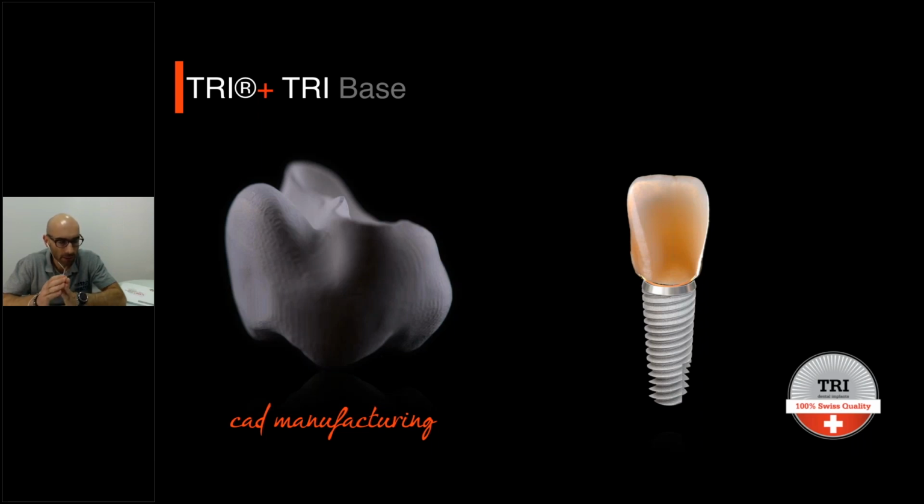So we want to start from the top of the implant. We don't want to see this titanium base, especially in the aesthetic area on the vestibular side. So we prefer to have full zirconia. So we use this very short gingival part on this T-base.